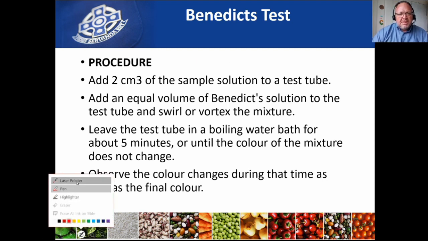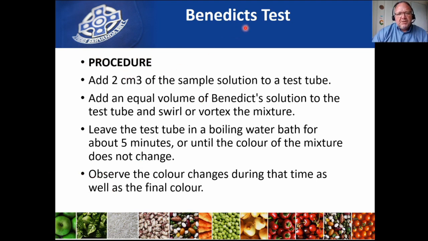Okay, so what you had to do, you take the Benedict's solution, which is a specific solution that is made up already and had given to you, and you would have added about 2 centimeters cubed, also known as milliliters, of this sample solution to a test tube. So we would have given you different liquids, and in these liquids there might have been sugar or not.